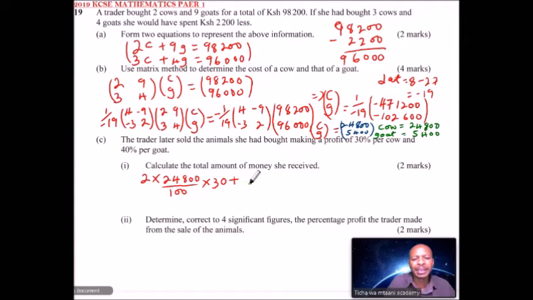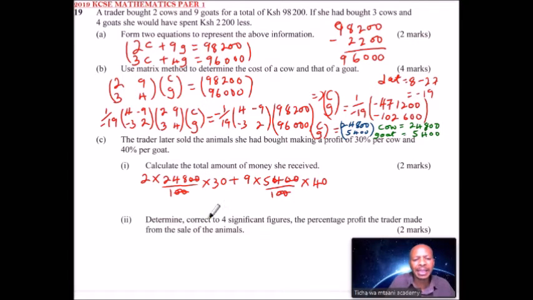Then you add 9 goats. You multiply by the cost of 1 goat, which is 5,400. You divide by 100 and you multiply by the profit of 40. So you can cancel like that.